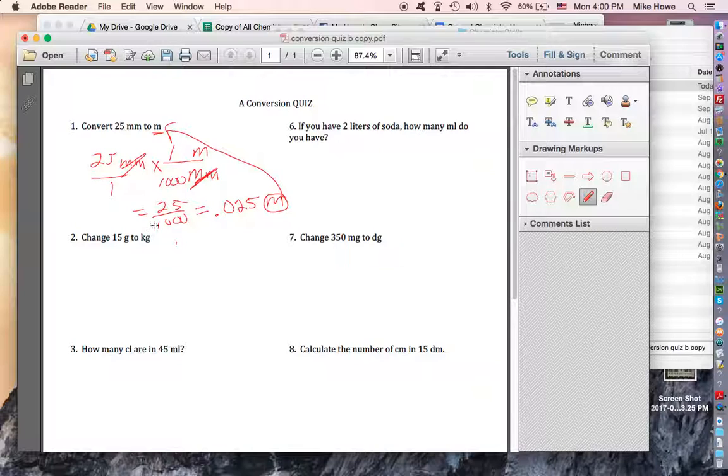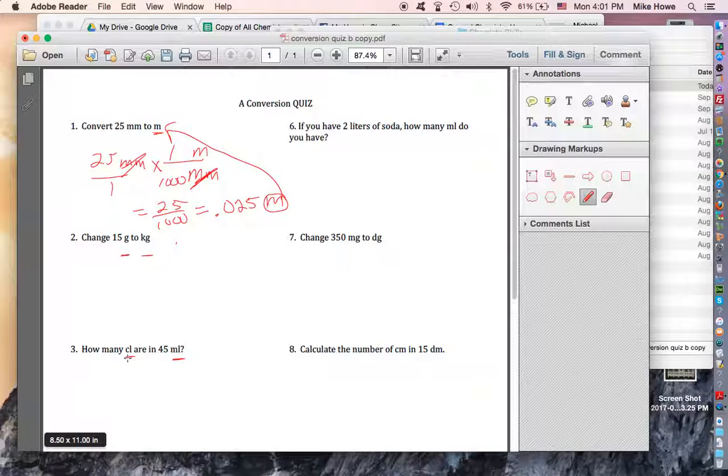I didn't talk to you about whether that was a one-step or a two-step problem, but you know that it is a one-step problem because there's a plain meters right here. So you've got millimeters and just plain meters with no prefix. If you go to number 2, you've got grams and kilograms. These are just plain grams, so that's a one-step problem, as opposed to number 3 where you've got centiliters and milliliters.